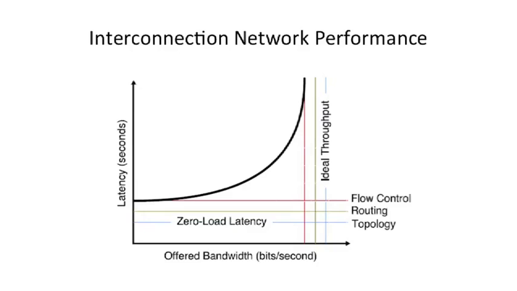OK, so now let's talk about the effects of congestion. What I drew here is a plot of our latency versus the amount of bandwidth that is achieved, or offered bandwidth. And this is for a given network.